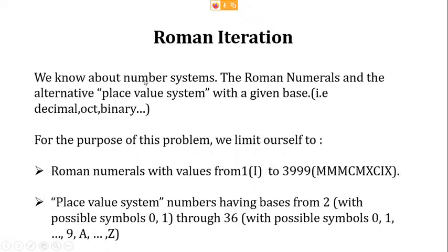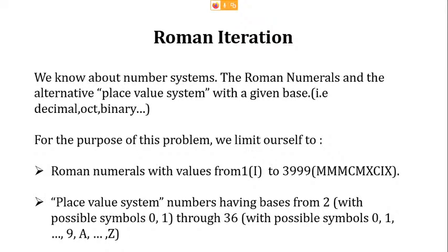We know about the number system, the Roman numerals and the alternative place value system with a given base. So what are the number systems? We are having two number systems. One is Roman numerals, where the values are given in Roman letters, and the other is the alternative place value system with a given base, which is based on the position.